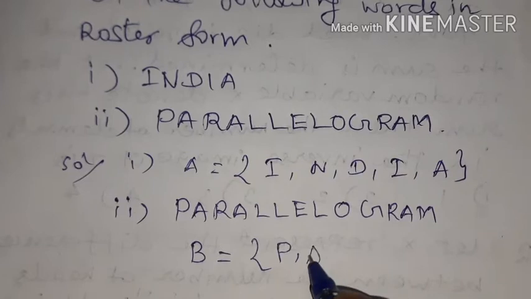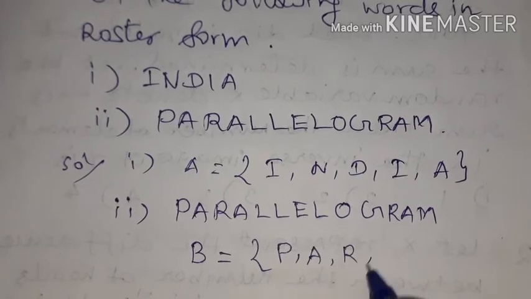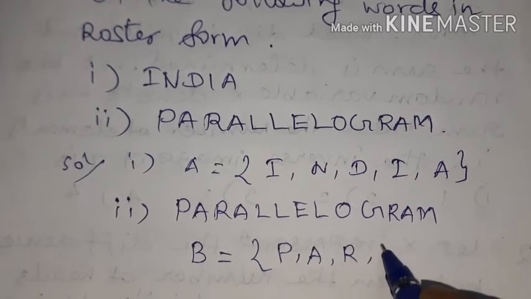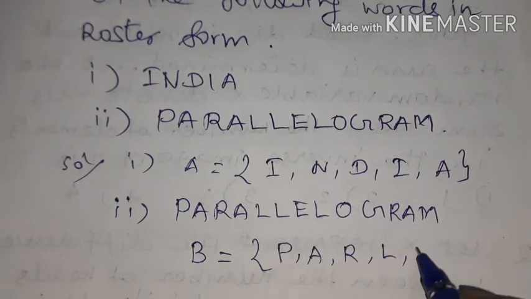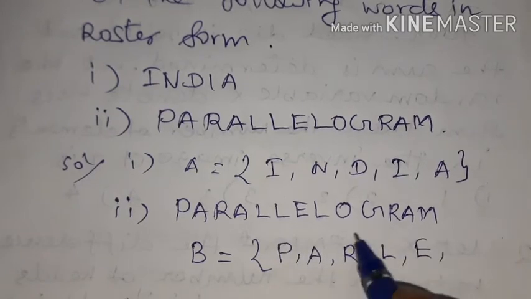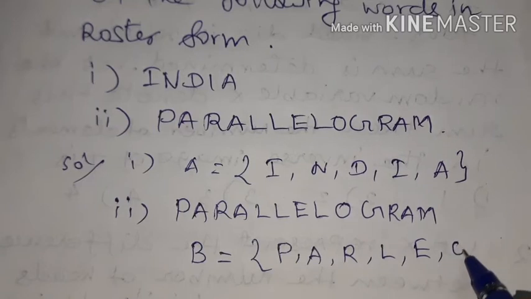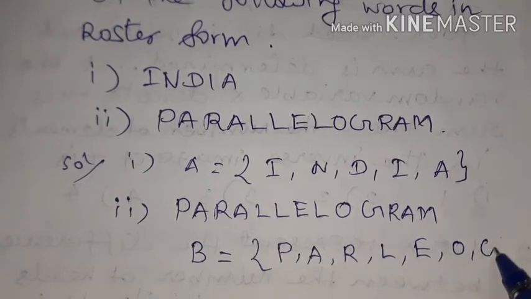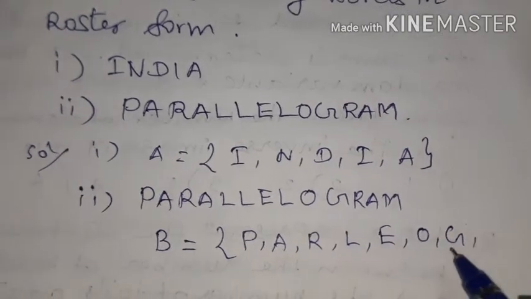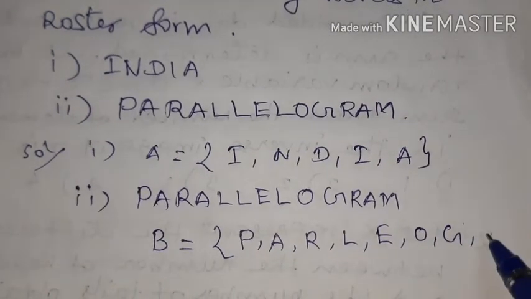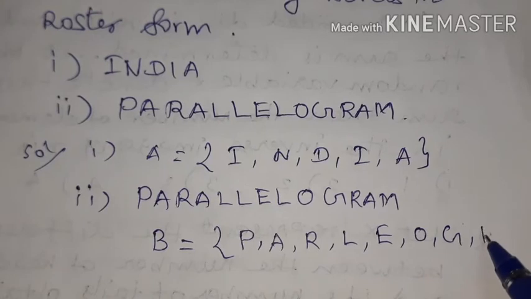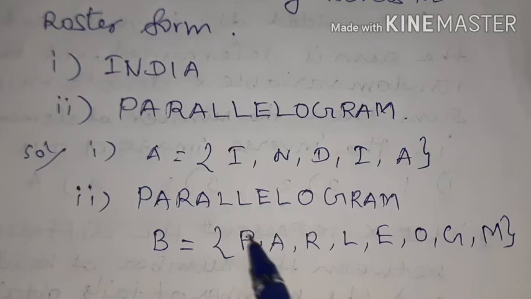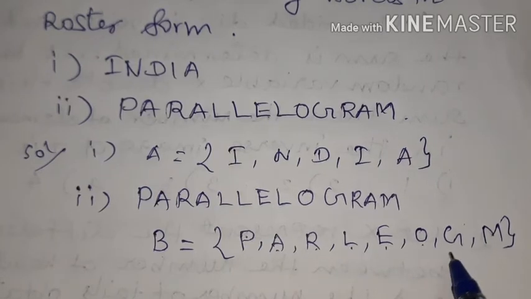B, A, R, A is repeated, don't write A, L, write one time, then again write E, L is repeated, don't write, O, G, R is repeated, R don't write, then A also repeated, don't write. Last element M. Set B is {P, A, R, L, E, O, G, M}.